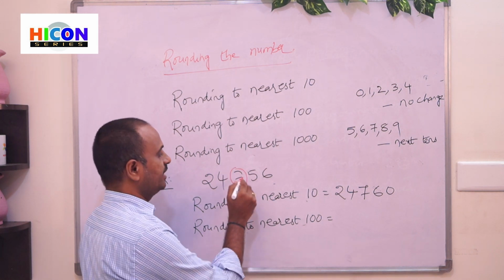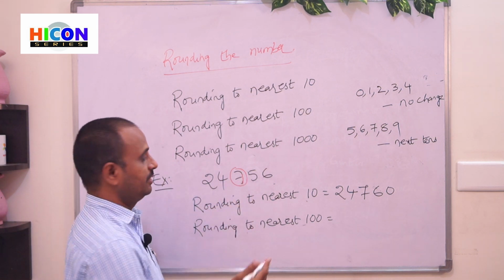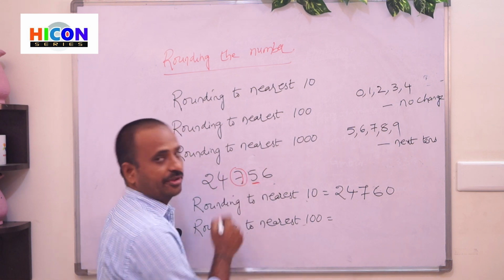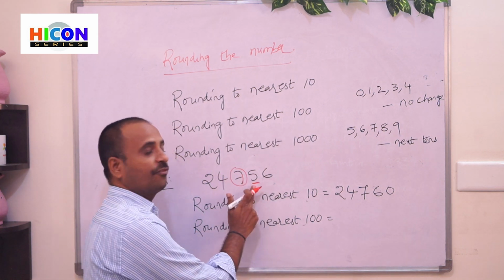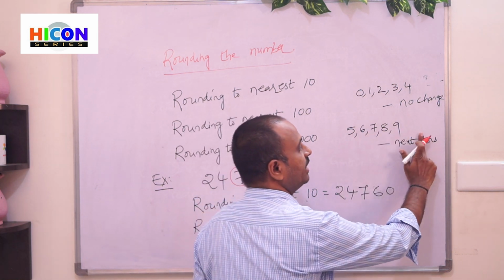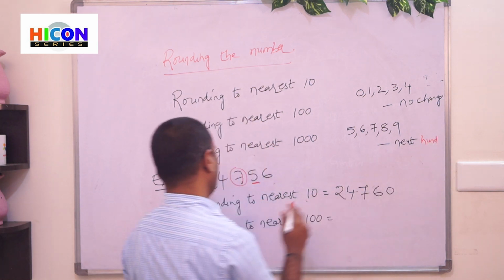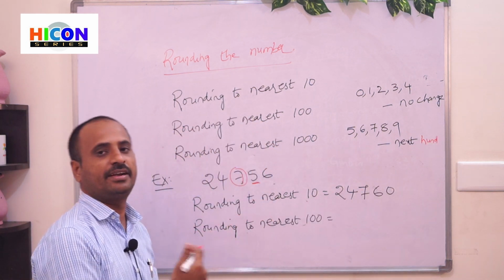And check the next digit. The next digit is 5. If the next digit is 5 or greater than 5, write the next hundreds. That means round the given number to the next hundreds.